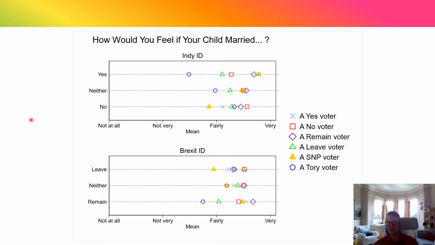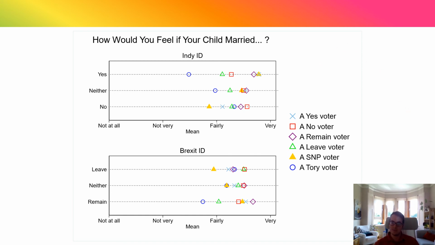It's not so much the Brexit or independence outgroup that people are hostile to, although obviously there is a difference. It's more the party, particularly for yes voters and Remain voters. Again, there's a high degree of disdain for Conservatives among those groups. And yet again, yes voters tend to be the most in-group favourable and out-group hostile.